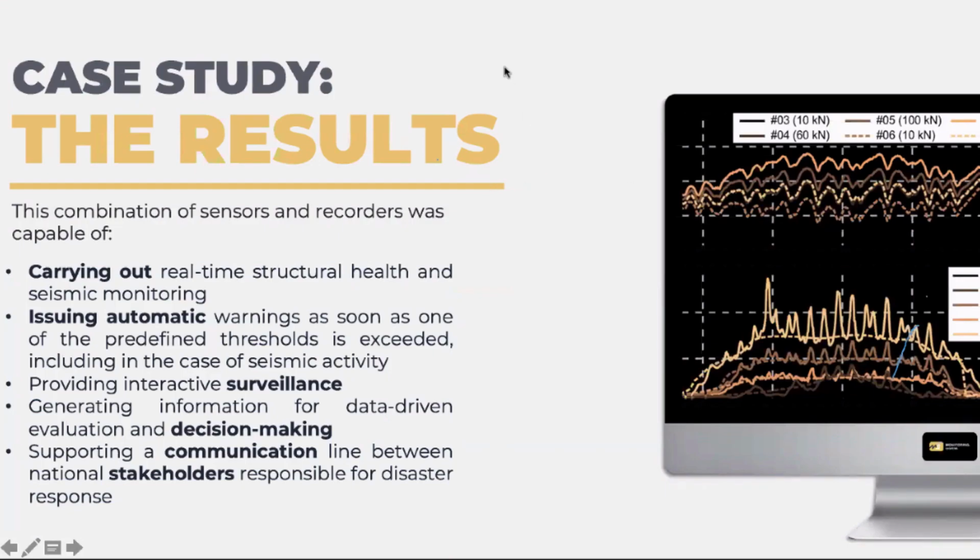So the results: carrying out real-time structural health and seismic monitoring, issuing automatic warnings as soon as one of the predicted thresholds is exceeded, including in the case of seismic activity, providing interactive surveillance, generating information for data-driven evaluation and decision-making, supporting a communication line between the national stakeholders responsible for disaster response. So these are basically the few key results that the client wanted to achieve.